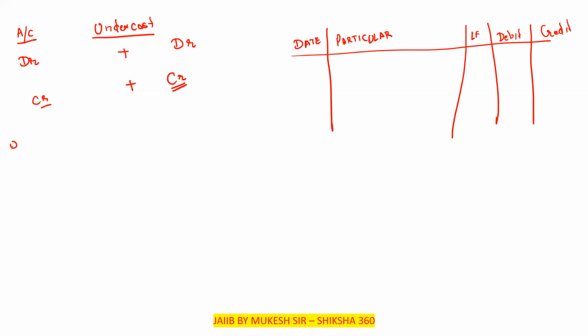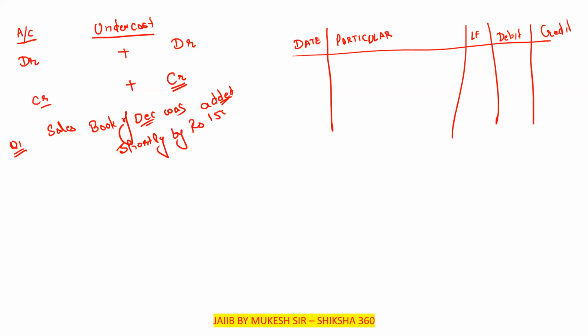Here, the first point: the sales book of December was added short by rupees 150.